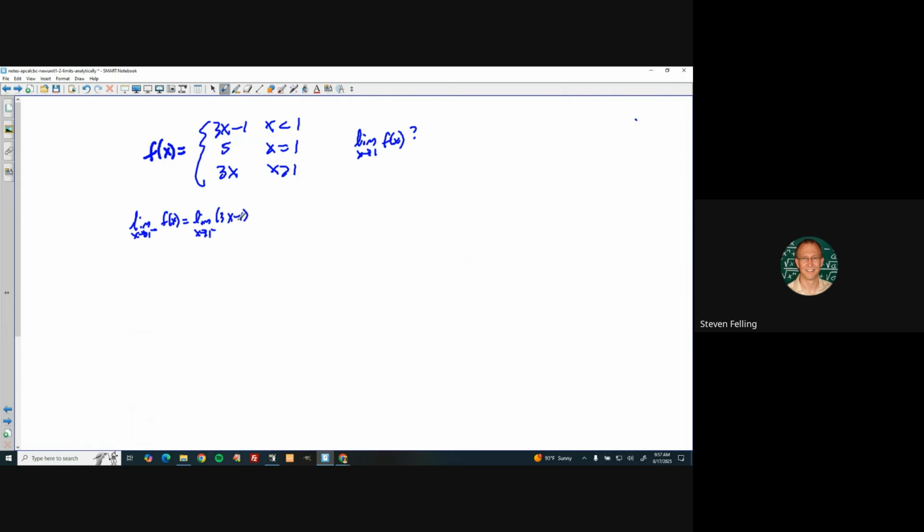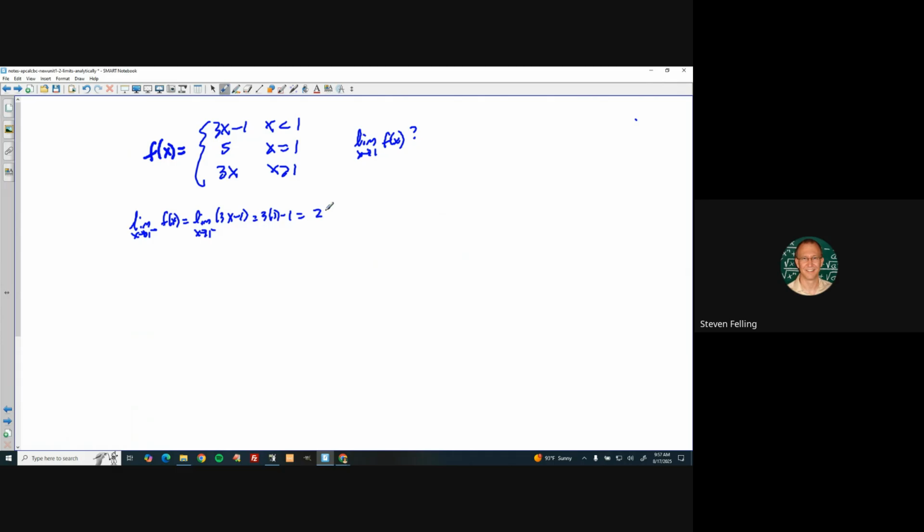Okay, but when we get to this step, in the last lesson, we did the thing with the table, and we plugged numbers in here coming up from below 1. Now I'm saying we can use analytical techniques to evaluate by trying to plug the 1 in here. So that would be 3 times 1 minus 1, which is 2. So the left-handed limit approaches a 2.